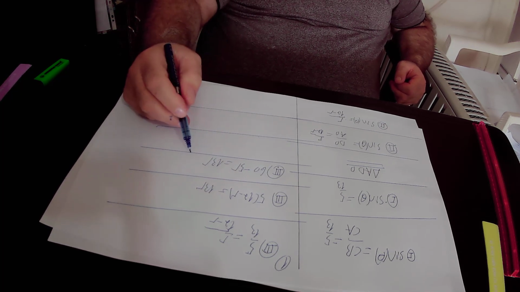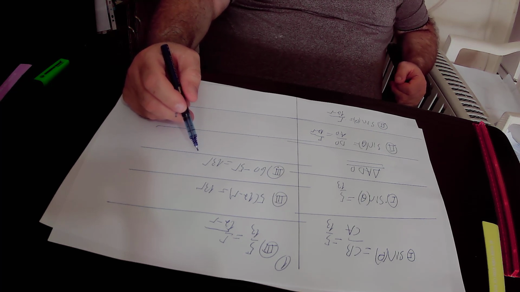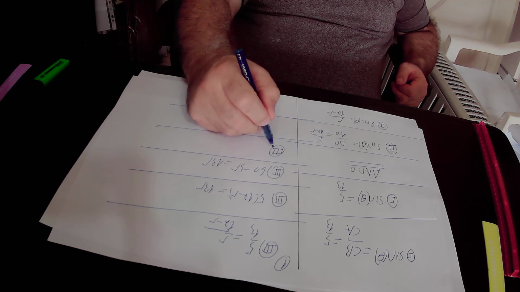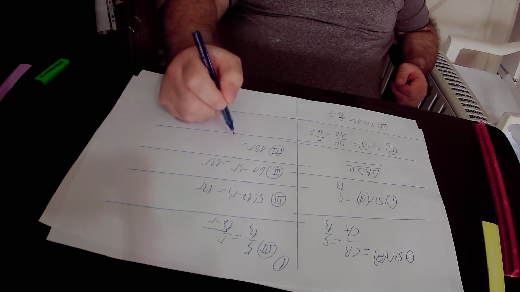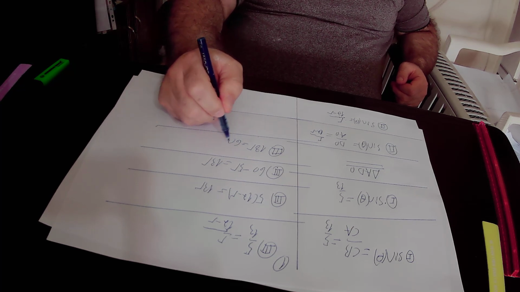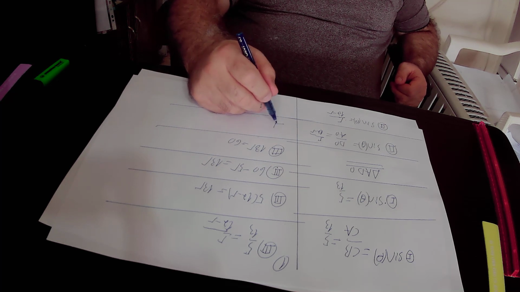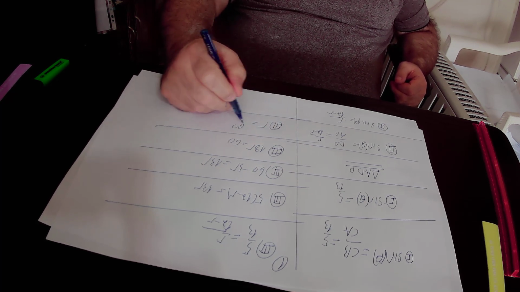Here we will add 5R to the equation, and we will get that 13R plus 5R is 18R, and it equals 60. Here we will divide the equation by 18, and we will get that R, the radius of the semicircle, equals 60 over 18.